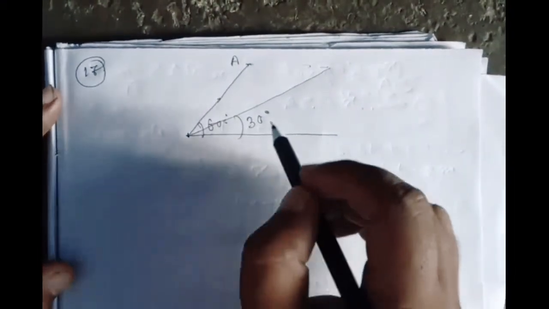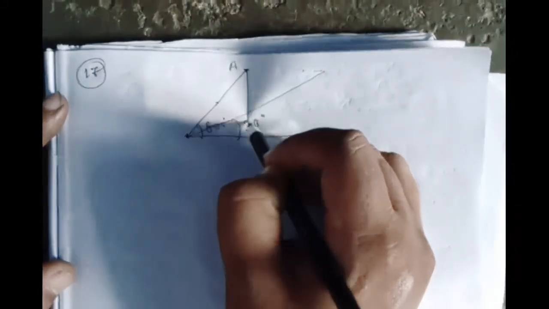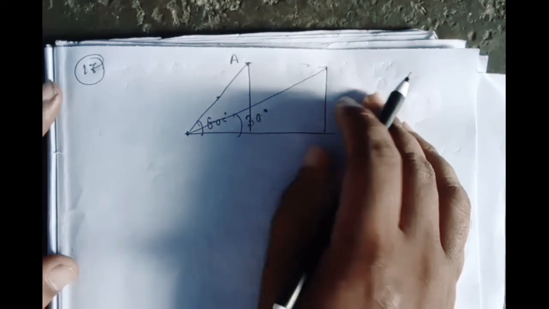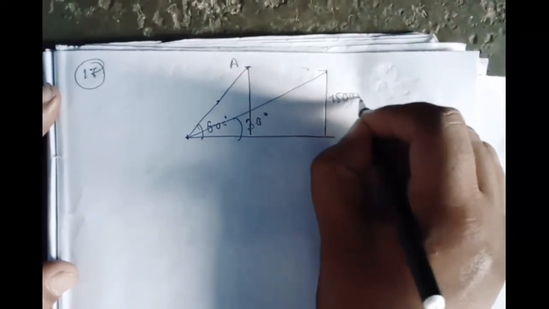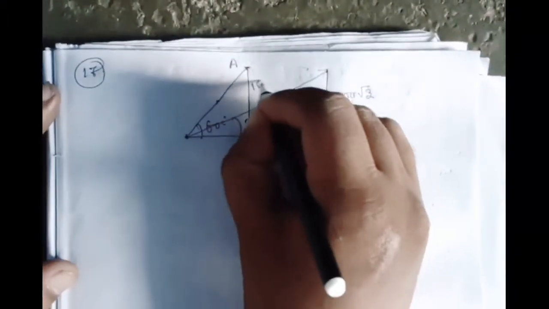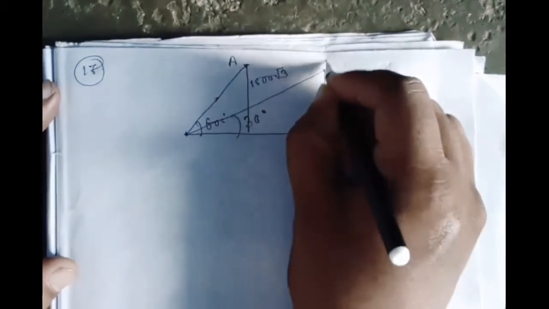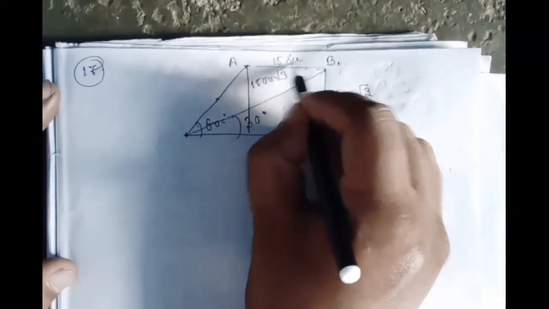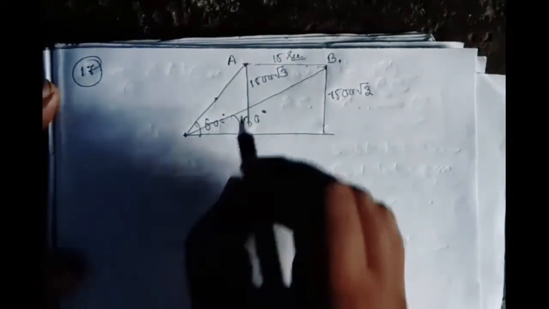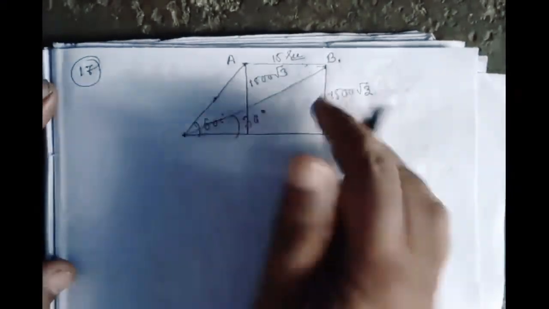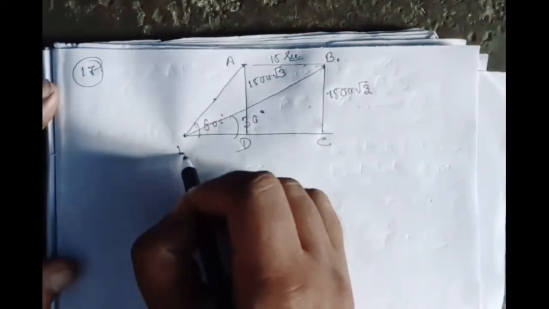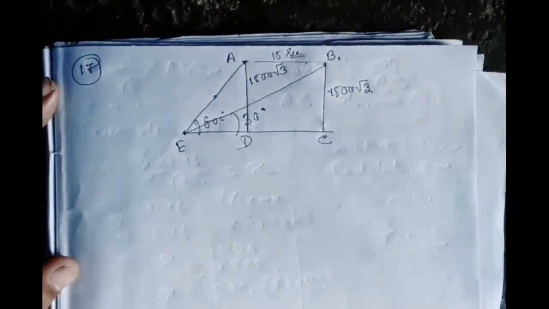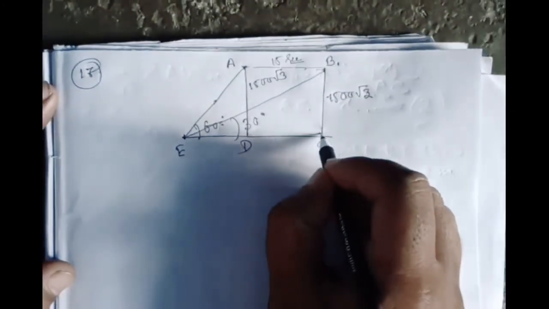It is moving at a constant height of 1500 root 3. We have to find the speed of the jet plane.